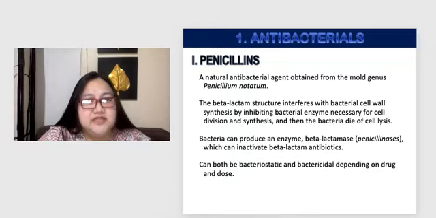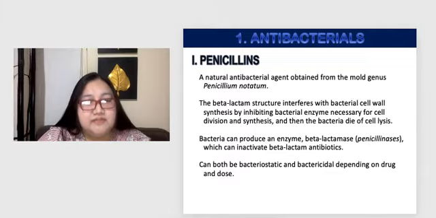Si penicillin, it's a natural antibacterial obtained from a mold. It's Penicillium notatum. And it's actually the first antibacterial. No? 1928 pa lang si Alexander Fleming, a British bacteriologist, and yung kanyang mga molds, no, na kinoculture, nakita niya na contaminate siya.